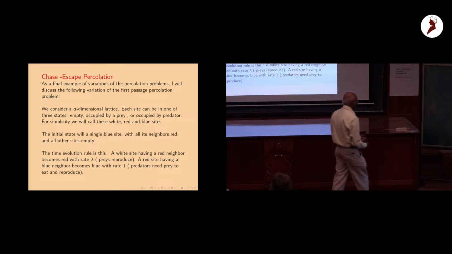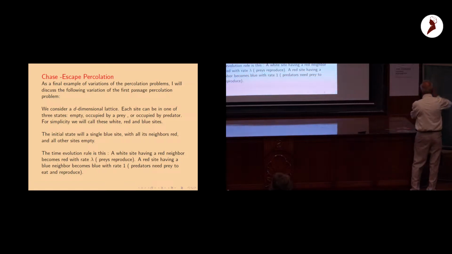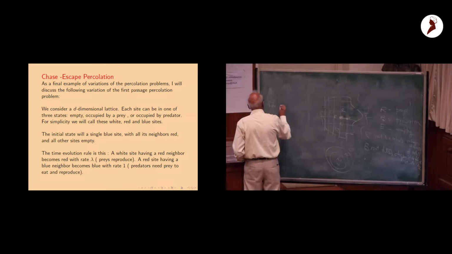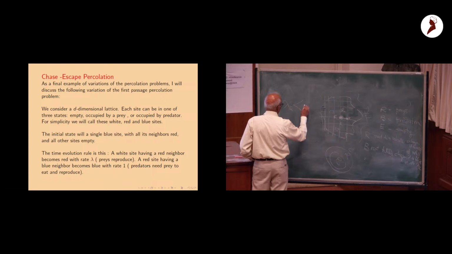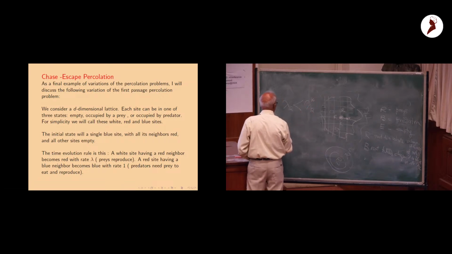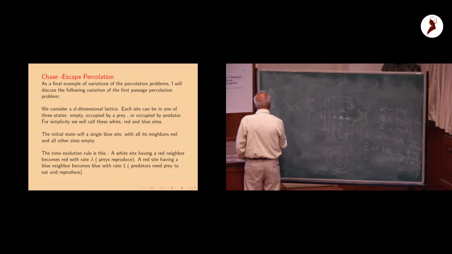It says that for lambda 2 less than lambda 2 star, reds can survive forever.